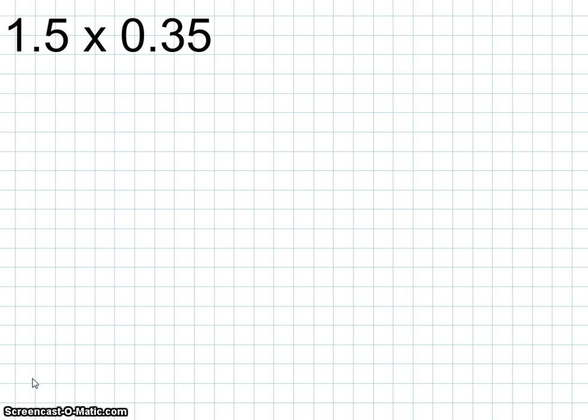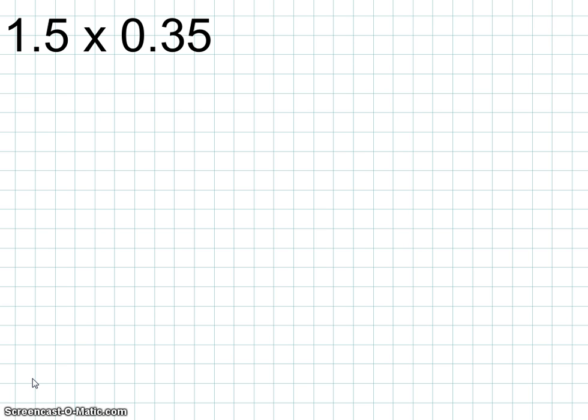Okay, so we've got a problem on the screen. It says 1.5 times 0.35, so let's use this as an example question and try to find the product, the answer to this multiplication question. Probably there are some students who, when you look at this question, automatically go, ooh, I don't really like this question, or they might be a little bit panicked already because it's got decimal numbers in it.